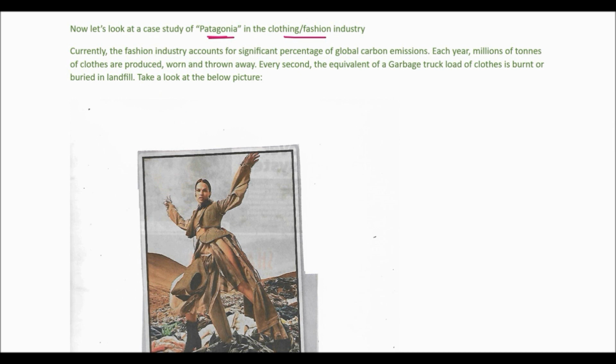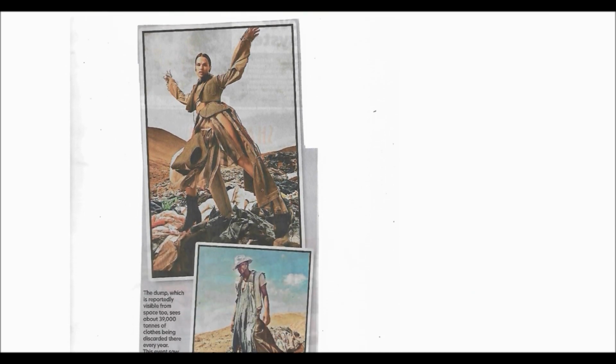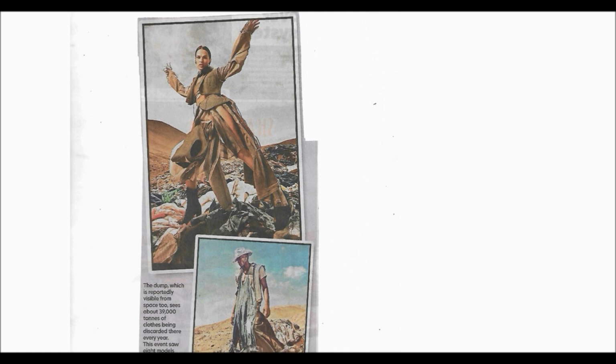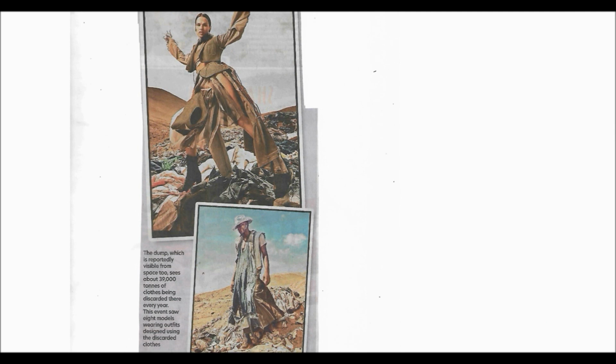Now, take a look at this picture which I took from a newspaper. So as you can see, this is a clothing dump here. So these are all clothes which are dumped, and these people are models. So the clothing dump, which is reportedly visible from space too, sees about 39,000 tons of clothes being discarded there every year.